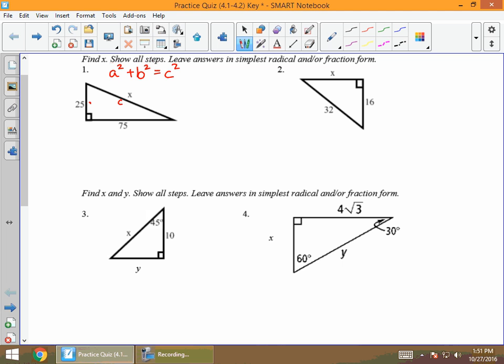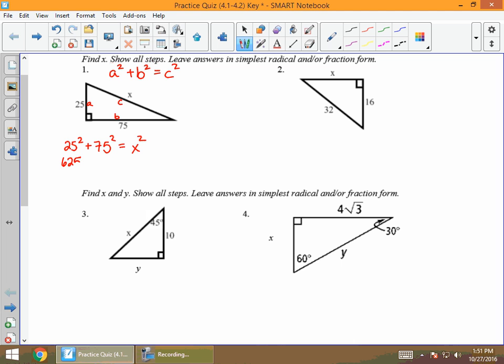And then a and b are just whatever my other 2 legs happen to be. So if I'm going to do Pythagorean theorem, I'm going to do 25 squared plus 75 squared. And that will be equal to x squared. Well, 25 squared is 625.